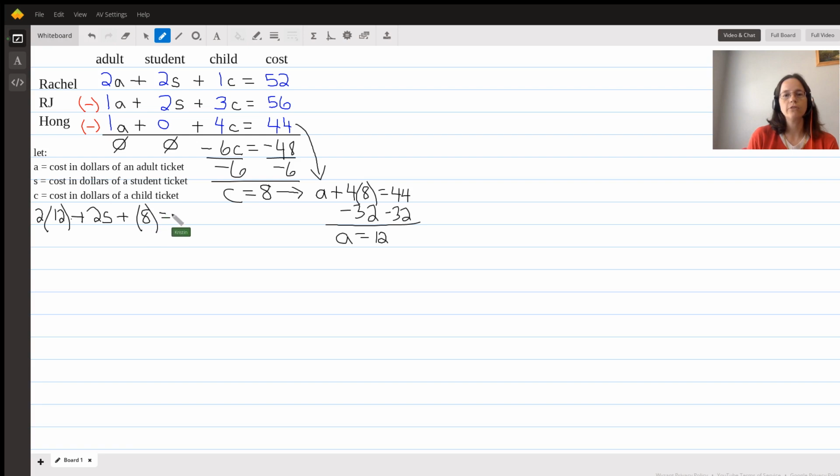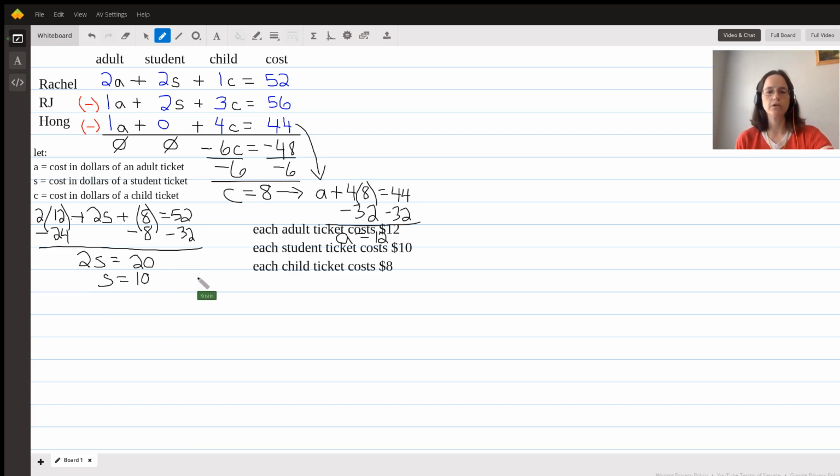When we add all of those up, we get 52. Okay, and so, well, 2 times 12 is 24, so I'm going to subtract that 24, and I'm going to subtract 8, which means I'm subtracting a total of 32. Leaves me with 2S equals 20, which, divide both sides by 2, means that S must equal 10.